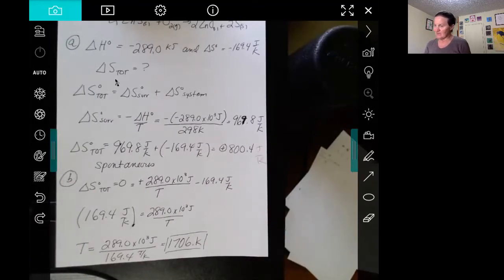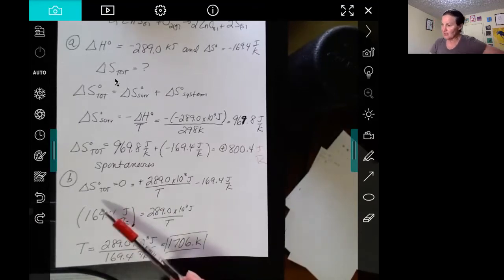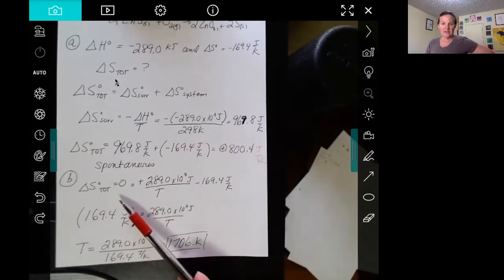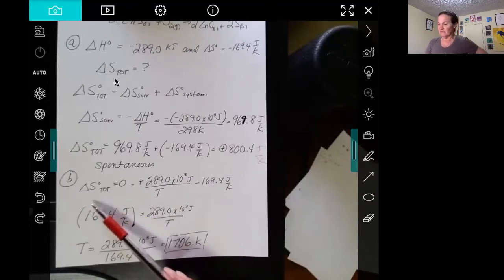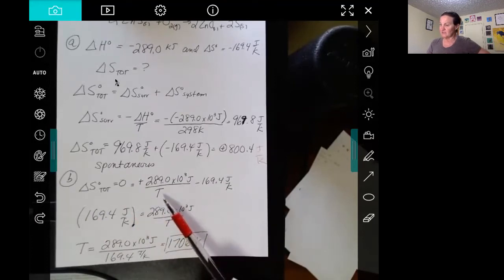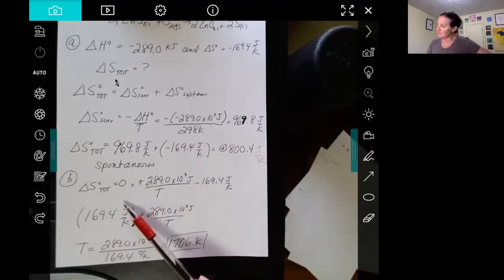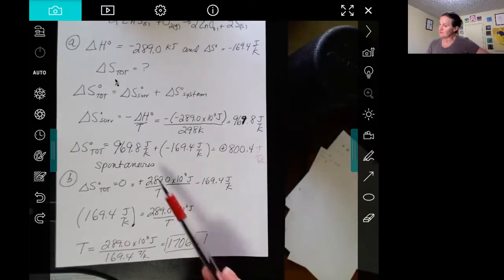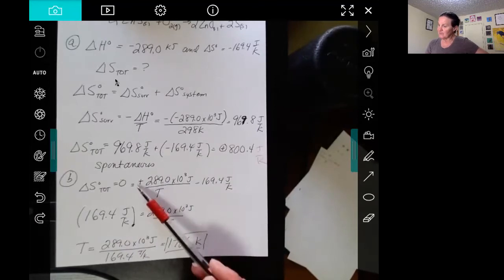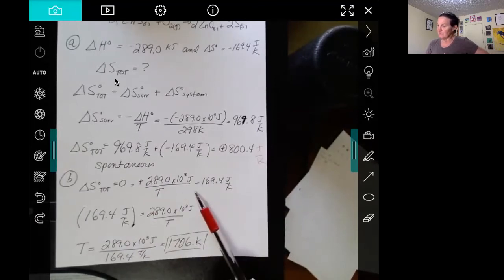B asks us, at what temperature would it become spontaneous? So I'm going to solve for the point at which we pass through equilibrium to the other side where entropy total is negative. So when it's just zero, it's the delta H of the system divided by T, change the sign so it's positive, and then it's plus the delta S of the system, which is negative, so it ends up being negative 169.4.